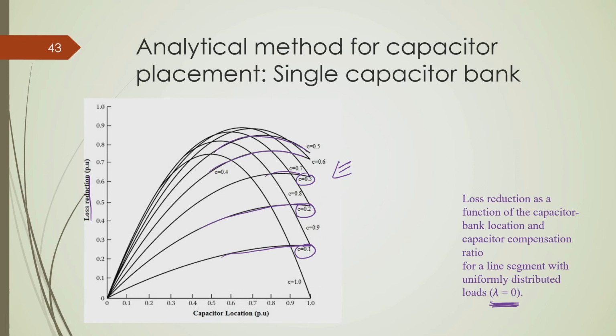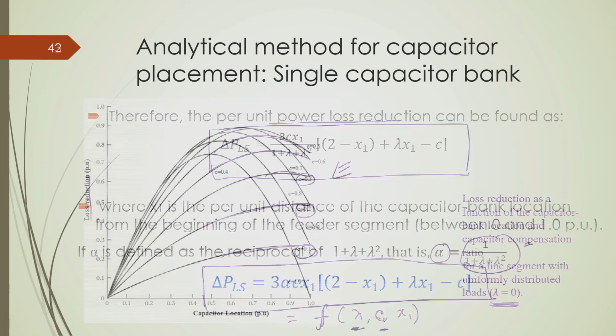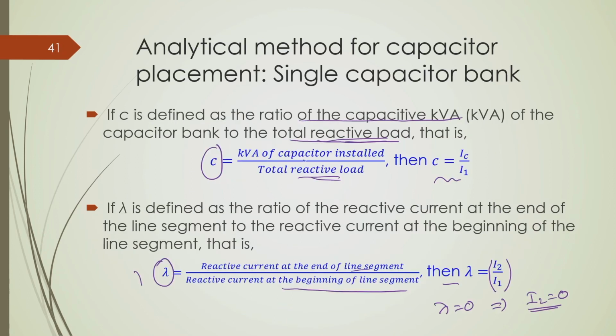And now, what is C? C is our degree of capacitive compensation, because C represents the ratio of capacitive kVA to the load reactive kVA.